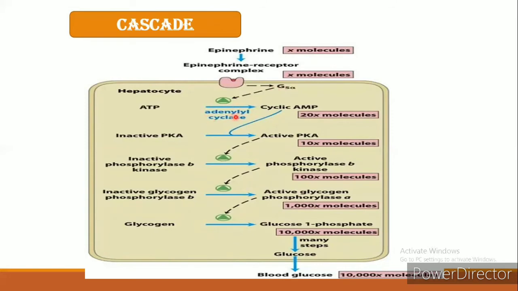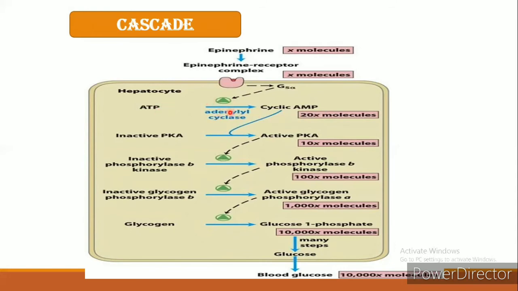Then this adenylyl cyclase catalyzes the formation of 100 molecules of cyclic AMP from ATP.